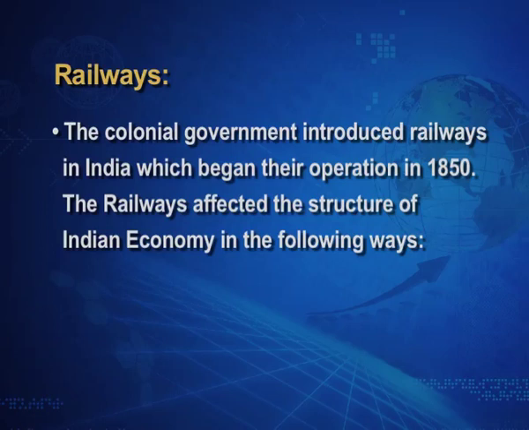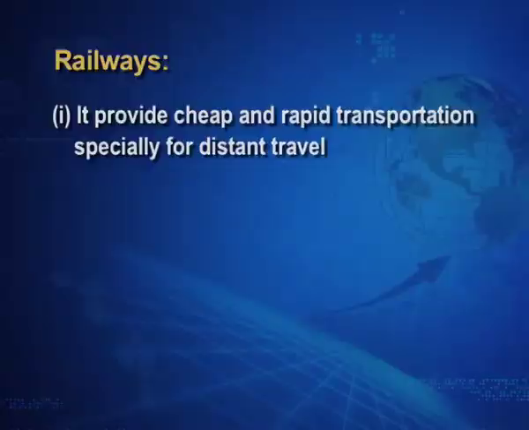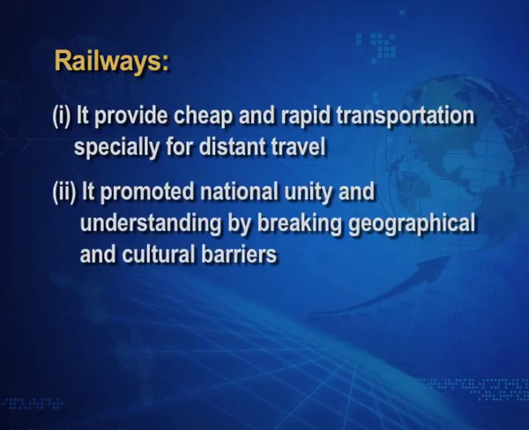The railways affected the structure of the Indian economy in various ways. Firstly, it provided cheap and rapid transportation, especially for distant travel. Also, it promoted national unity and understanding by breaking geographical and cultural barriers.